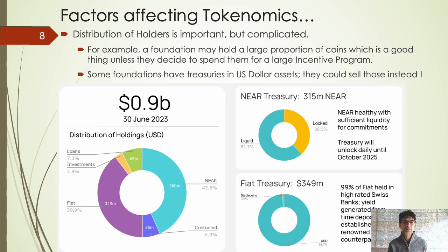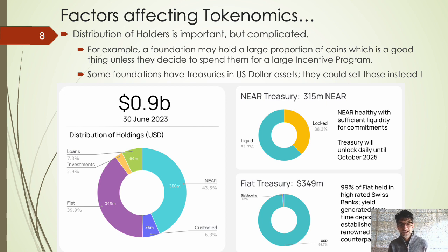Next point, here's an example of one of the best treasuries in all of the crypto market. This is from Near Protocol. This is a little dated, but that's not important. What's important here is that you can see, number one, that Near Protocol has a lot of money. They have one of the highest treasuries. And the second point is that not all of their treasury is in their native coin. That's extremely important.